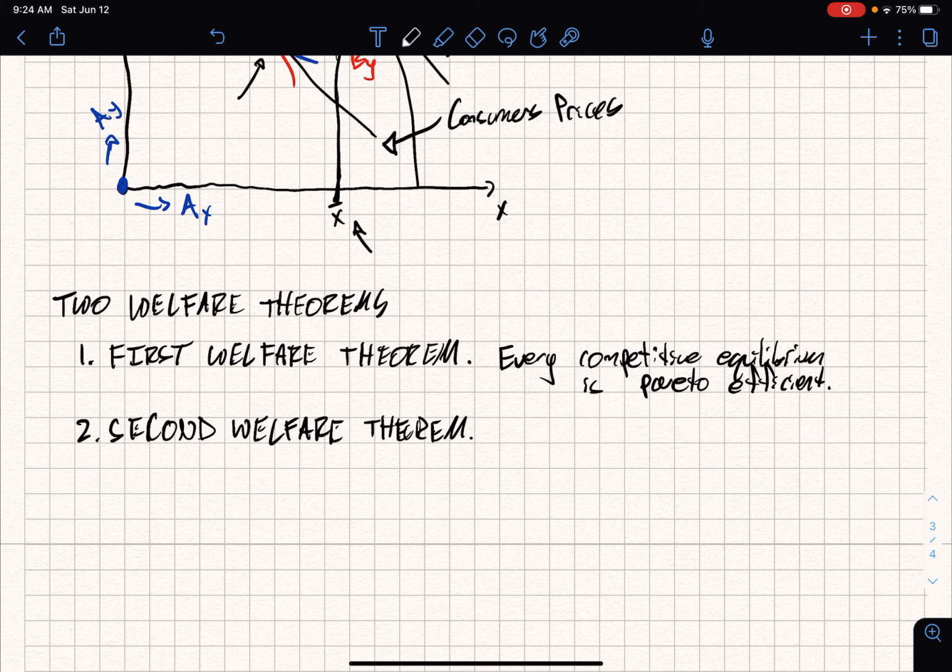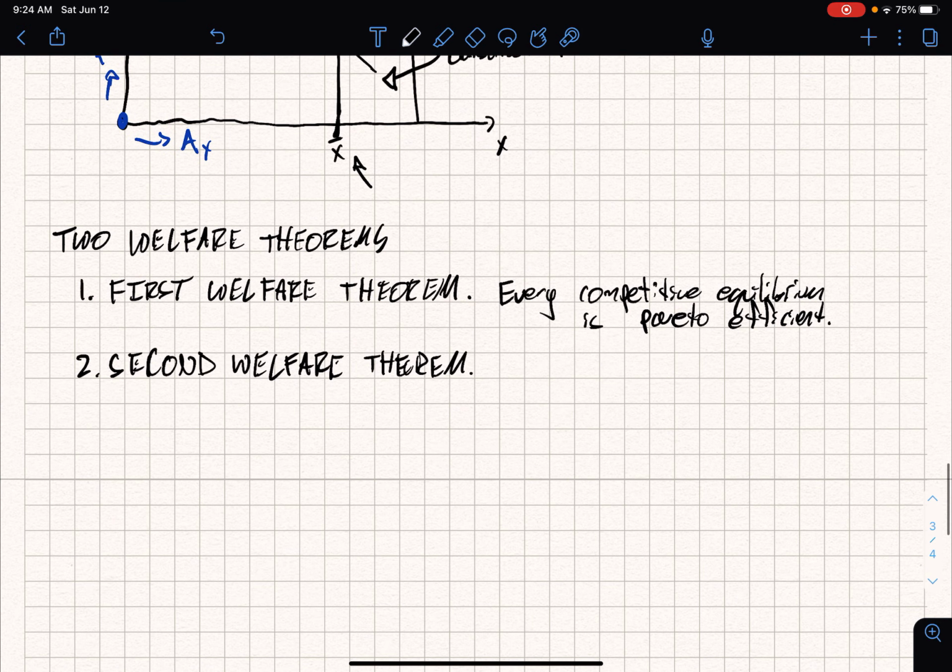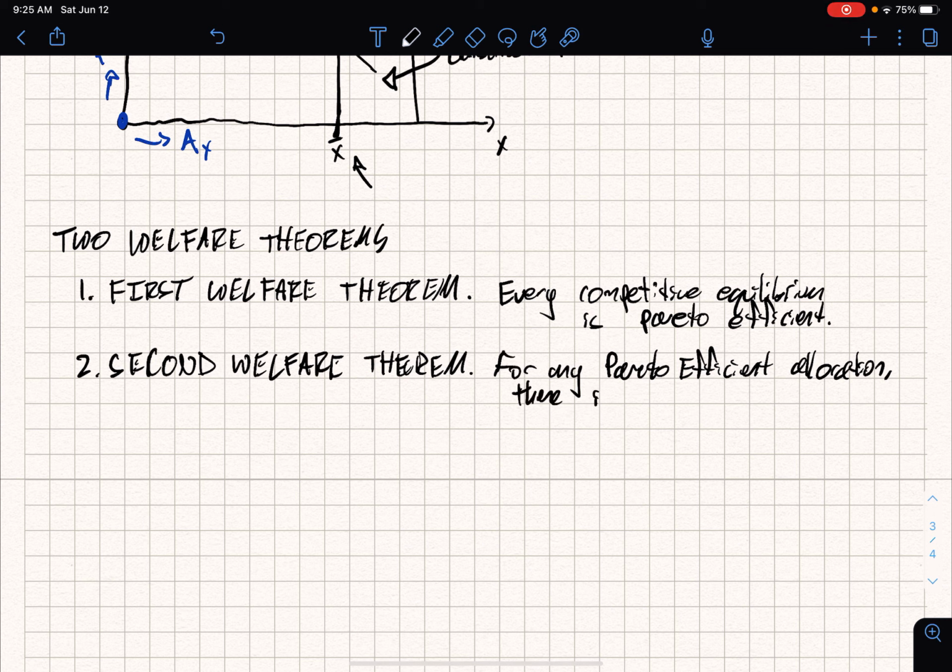For any Pareto efficient allocation, there's a redistribution, a reallocation, that allows us to achieve it.